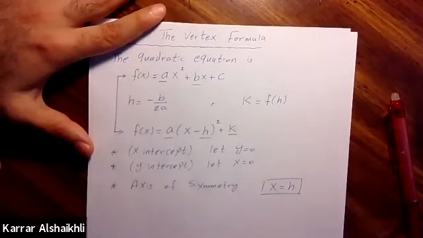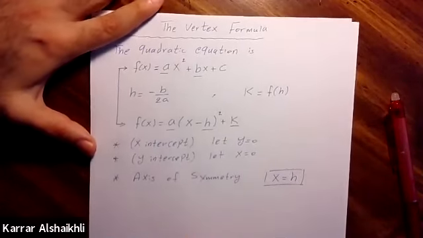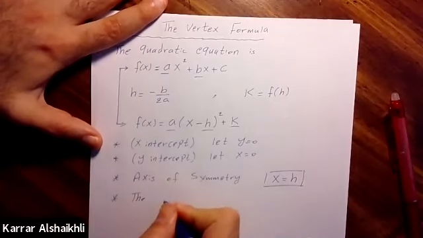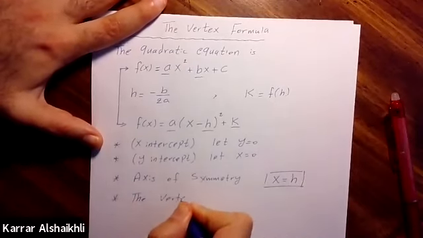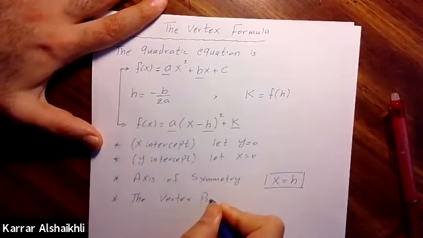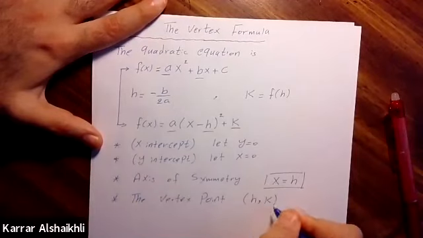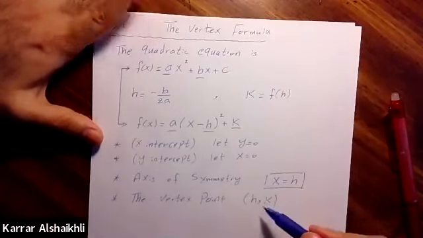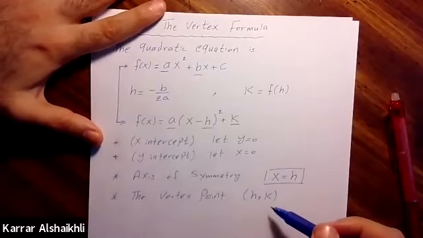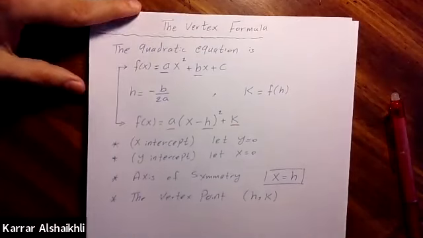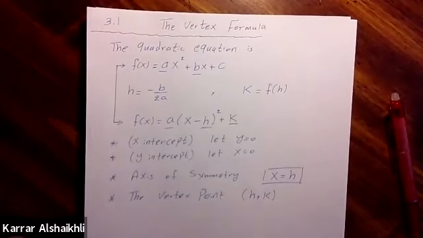And also to find the vertex point, I'm going to show you the vertex point. You're just going to write down h, comma, k as a point. The vertex point, this is really important, is the maximum point or the minimum point on the graph.